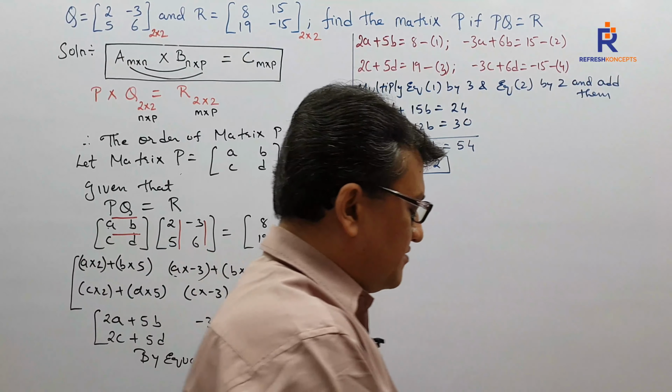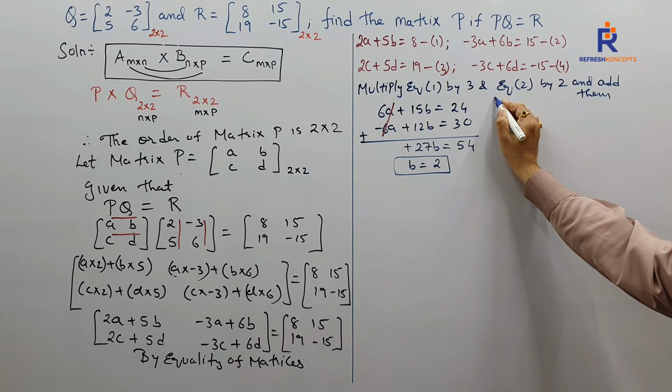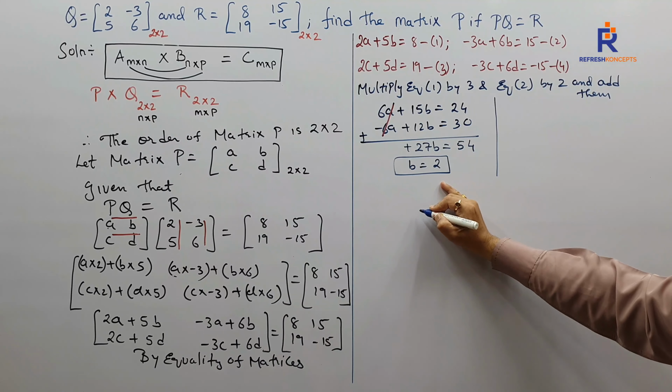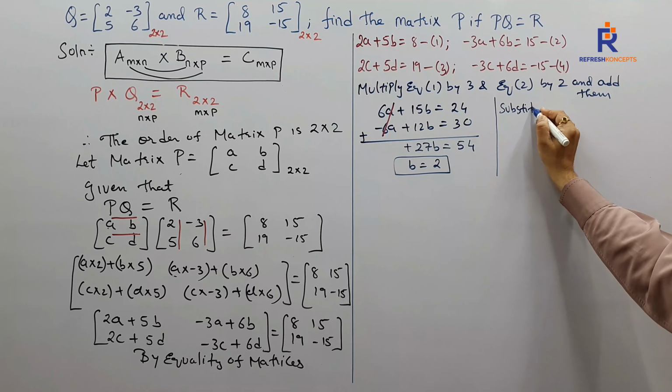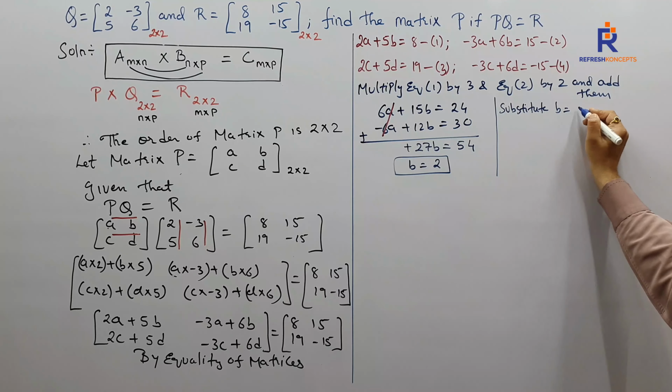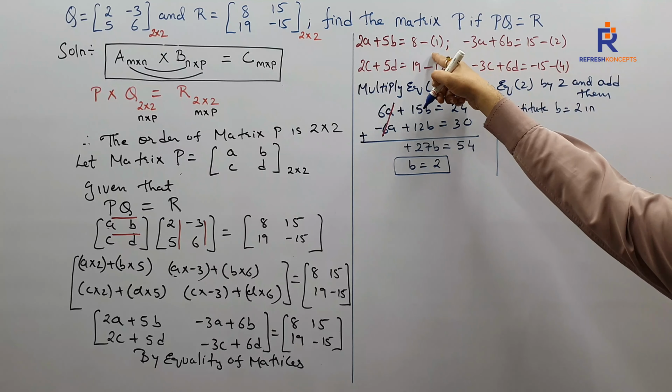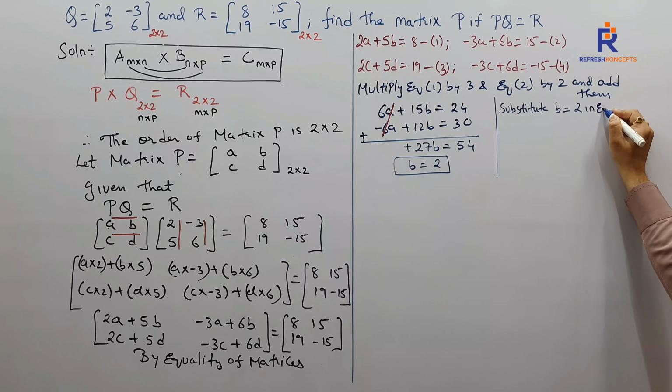What next, children? Here itself I shall write down: substitute B equals 2 in either 1 or 2. I shall take equation 1.